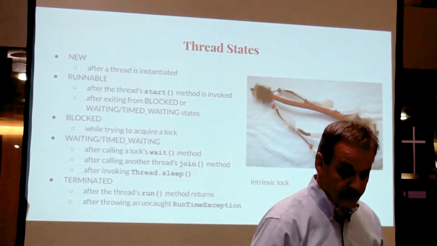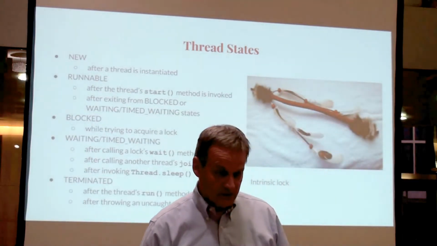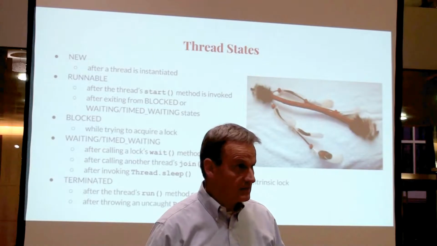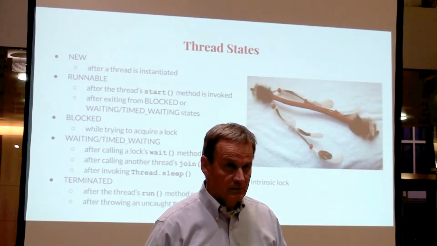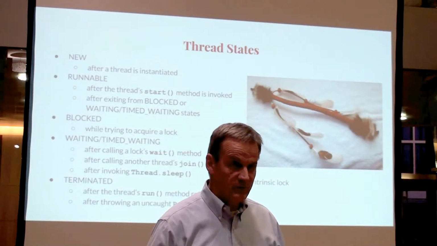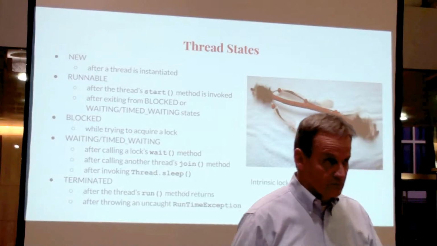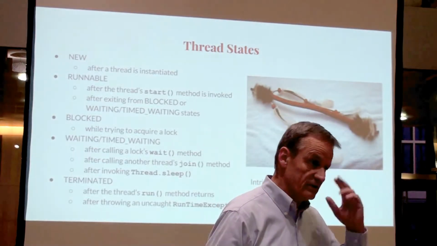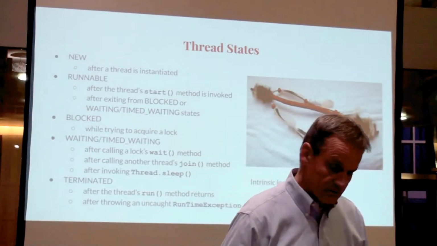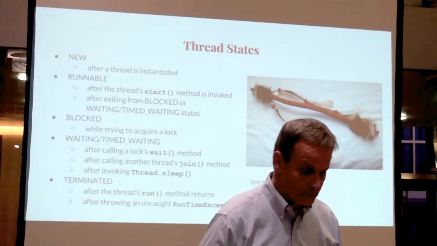So if somebody in that ring in the tribal council raises his hand and says, I want to speak, but somebody else is holding the talking stick, that person would be in the blocked state. Now, if that person doesn't want to talk and is just listening to the birds, then that person would be in the runnable state.